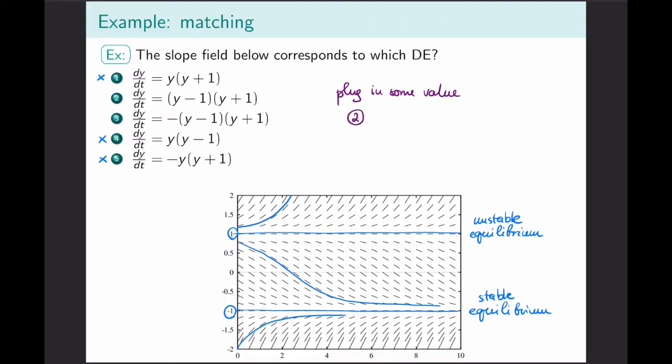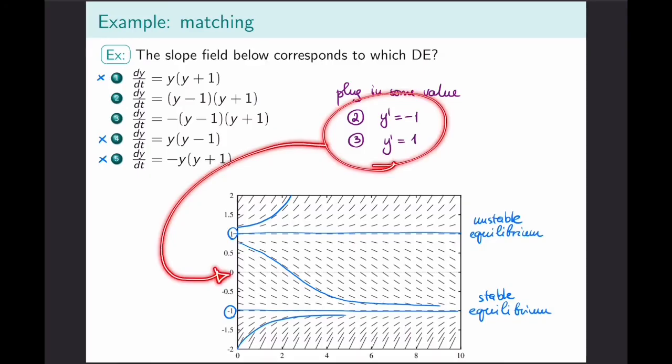So if I plug in 0 into the equations for 2 and 3, what am I going to get? The equation for 2, if I plug in 0 into the right-hand side here, will give me -1 times 1, so -1. And the equation 3, if I plug in 0 here, will give me the negative of the same thing, so +1. Now let's see which one of these matches my slope field at y equals 0.